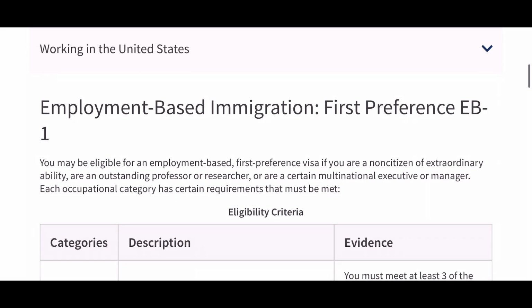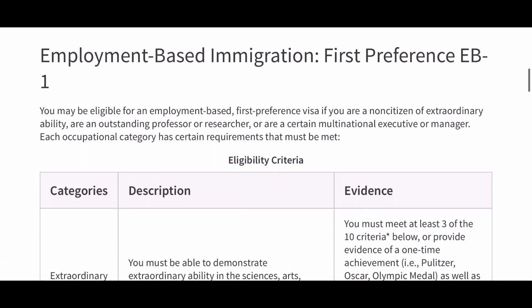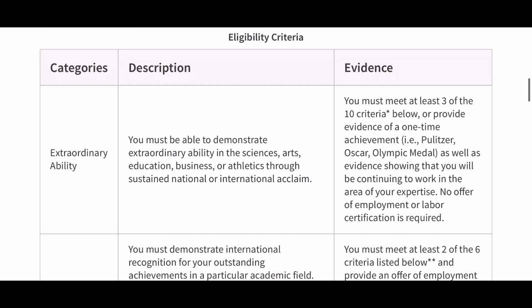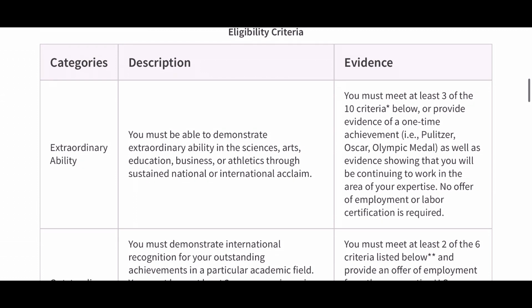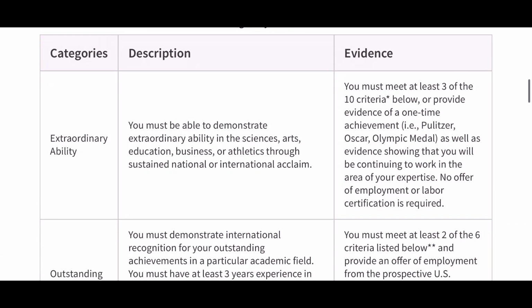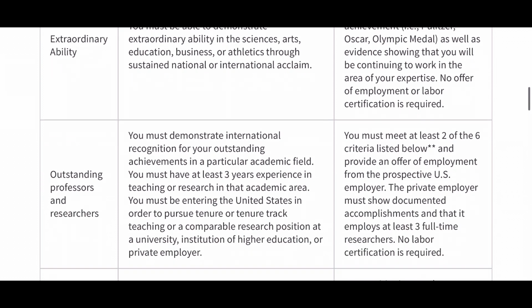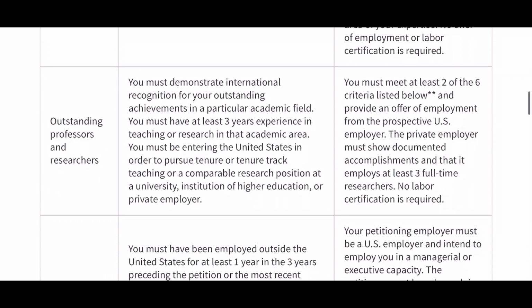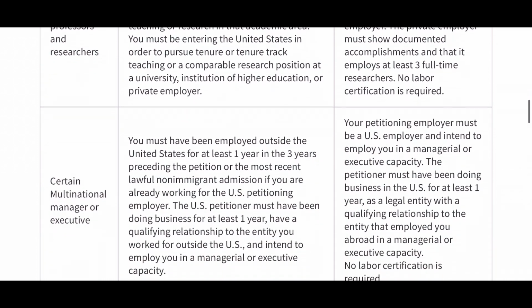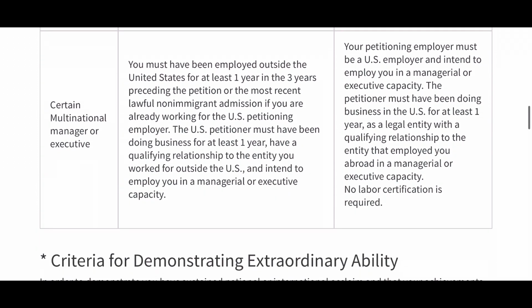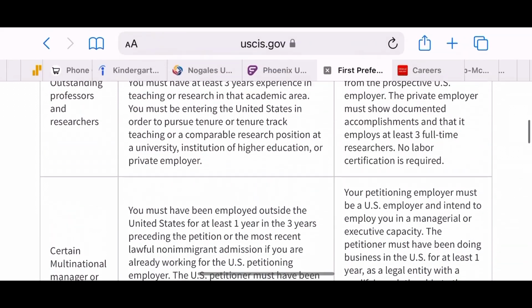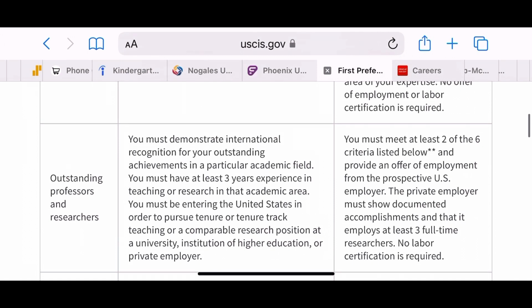You have the extraordinary ability, outstanding professors and researchers, and certain multinational managers or executives. In these 3 categories, there are different things, or should I say evidence, that you must provide to be eligible to be granted a green card, employment-based visa, which is a green card.